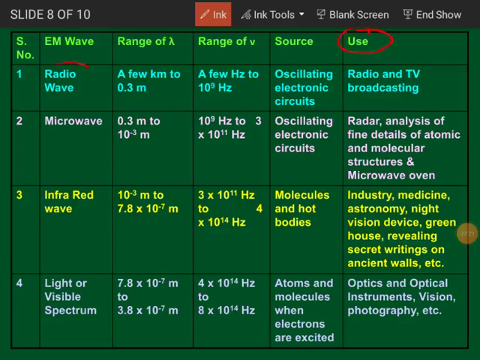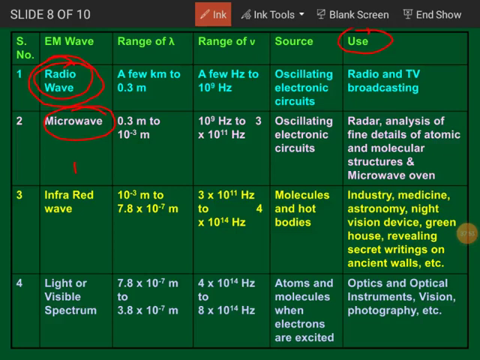Which one has the longest wave, then it keeps decreasing, and at the last, gamma rays have the least wavelength, and radio waves have the least frequency, whereas gamma rays have the highest frequency.